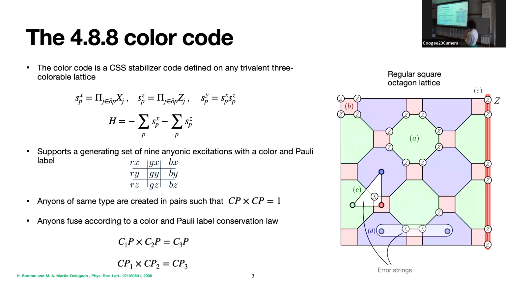The Y stabilizer is defined as the product of the X and Z stabilizers at each plaquette. We can define a Hamiltonian for this code, and its ground space corresponds to the code space. And errors on the code create these hyperedges.